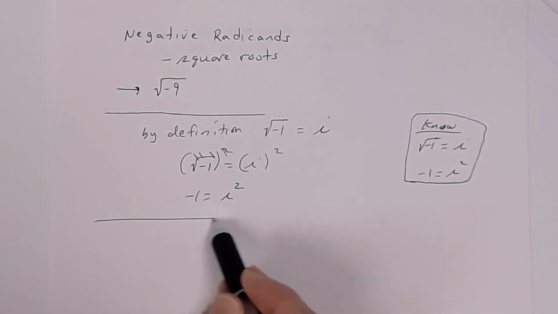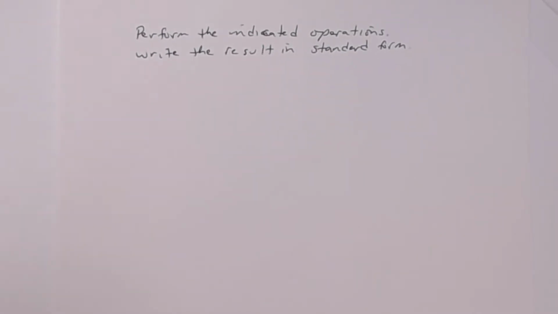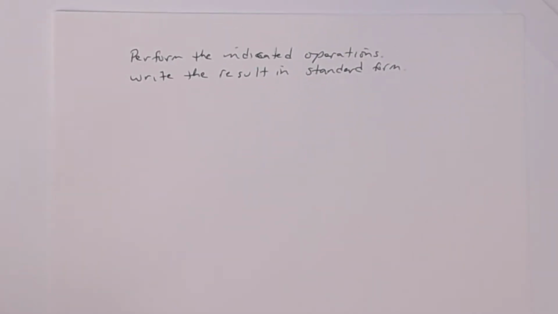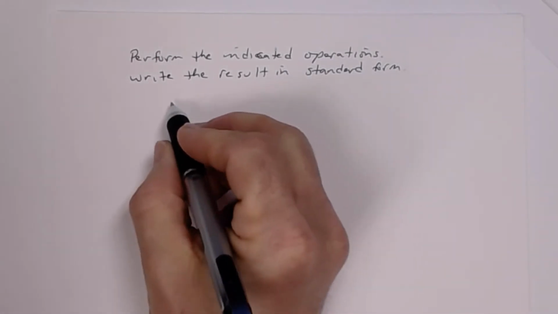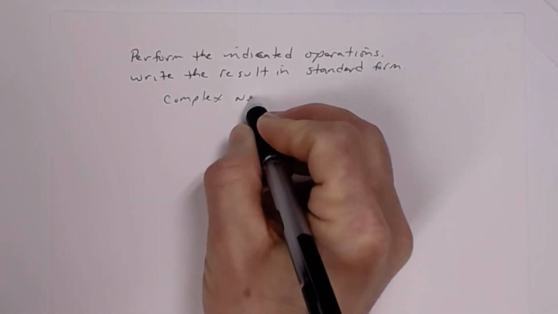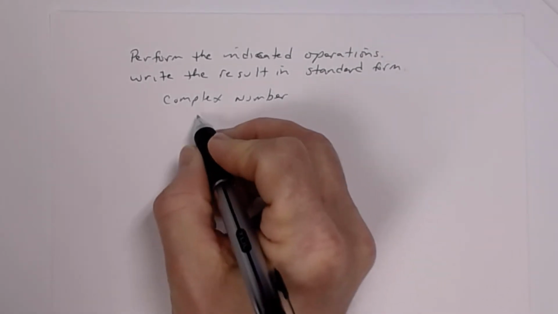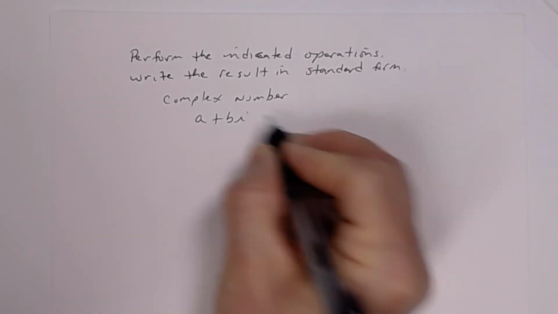The directions for the problems will probably look like this. It will say, perform the indicated operations and then write the result in standard form. In previous lessons, we looked at the word complex number. Let me remind you that a complex number in standard form is a plus bi.